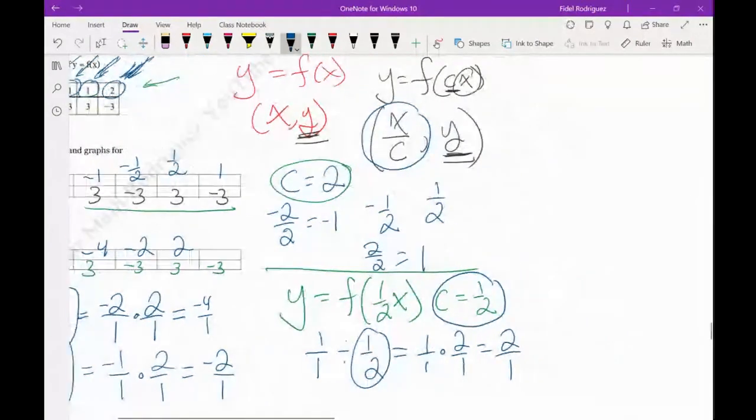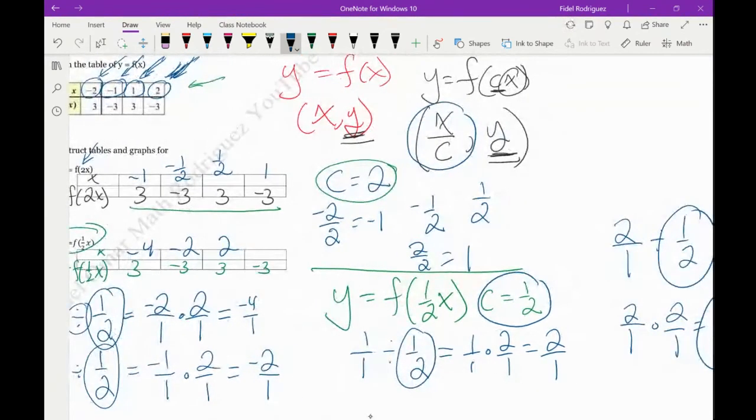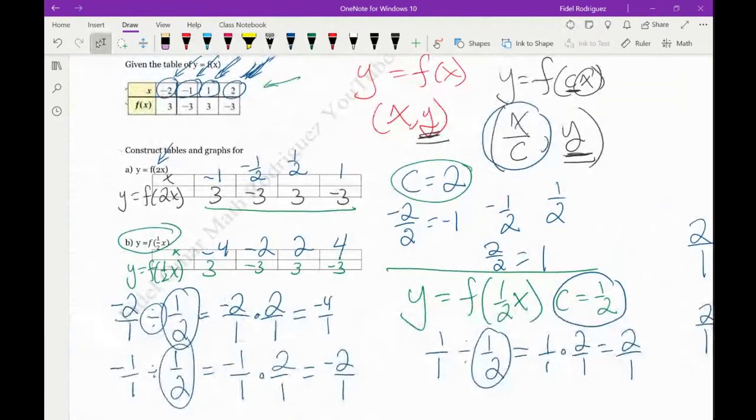So 2 over 1 divided by 1/2. 2 over 1 times the reciprocal of 1/2, also 2 over 1. That gives me 4 over 1. So this number here just becomes the number 4.